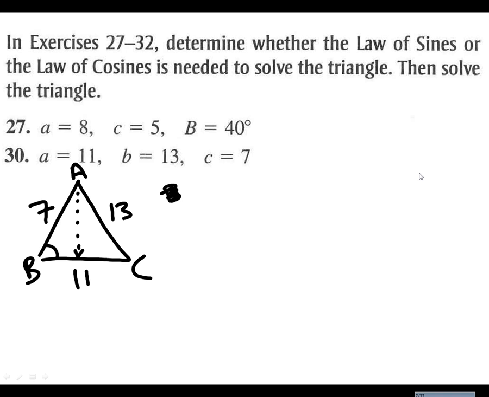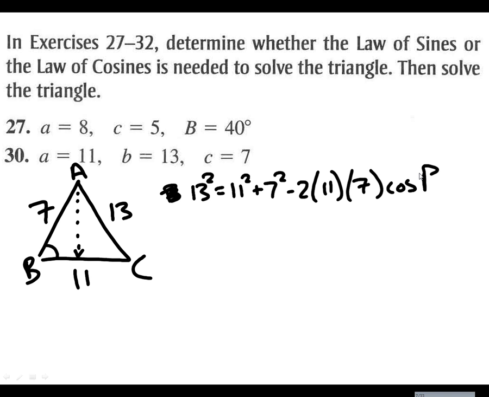So, sorry, B squared is 13 squared equals 11 squared plus 7 squared minus 2 times 11 times 7 cos of angle B. We're not sure what that is. 13 squared is 169. 11 squared plus 7 squared is 170 minus 22 times 7 is 154 cos B. So when I move stuff around, 169 minus 170 is negative 1 divided by negative 154.